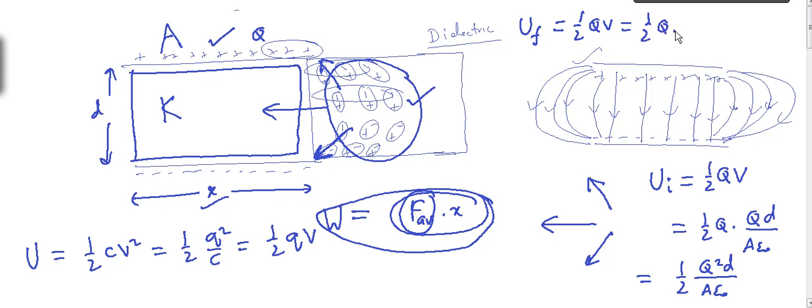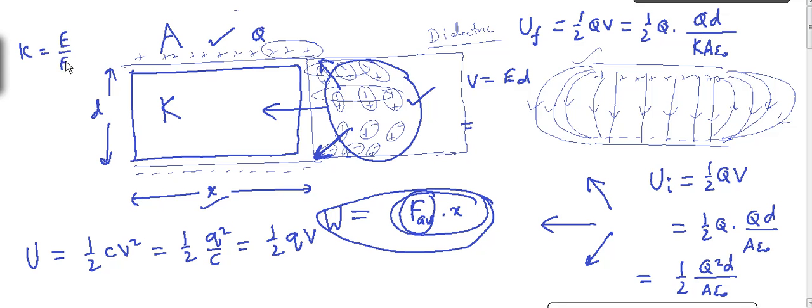So half Q and V will be Qd by K A epsilon naught, because V is calculated by E d, and E has become E net equal to E by K by the same formula K equal to E by E net. So E by K d, where E is Q by K A epsilon naught into d, right?